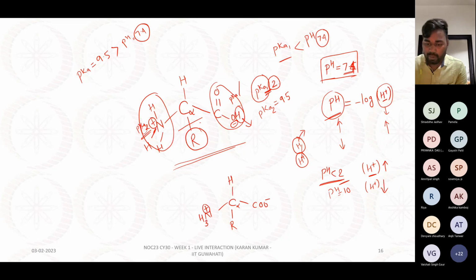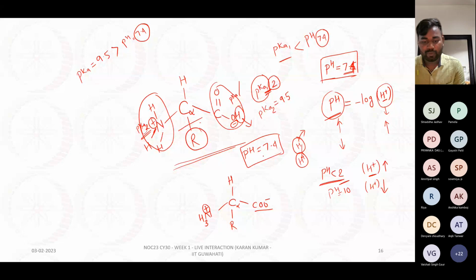Okay, now let's do the titration. Normally when you write an amino acid at pH 7.4, you will write a general amino acid like this. The carboxylic group will be deprotonated and the amino group will be protonated because the pH is 7.4.